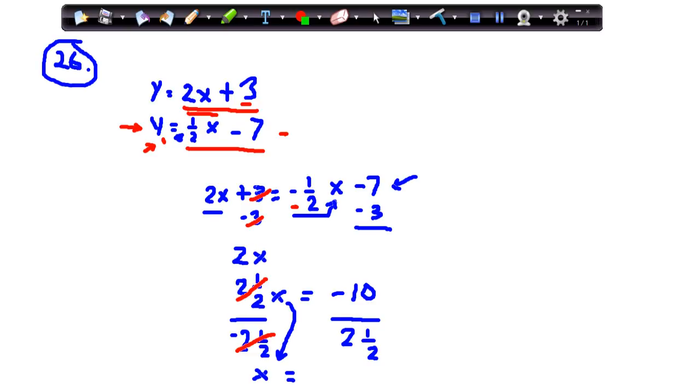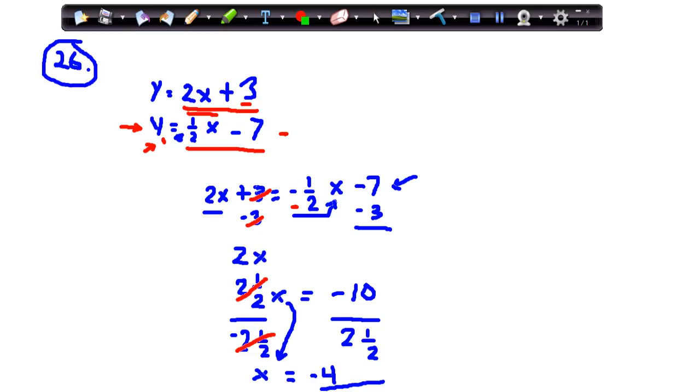In your calculator, you can go 10 divided by 2.5, and that's going to give us 4. But since we're dividing a negative and a positive, that 4 will be a negative answer. That's your answer. X is equal to -4.